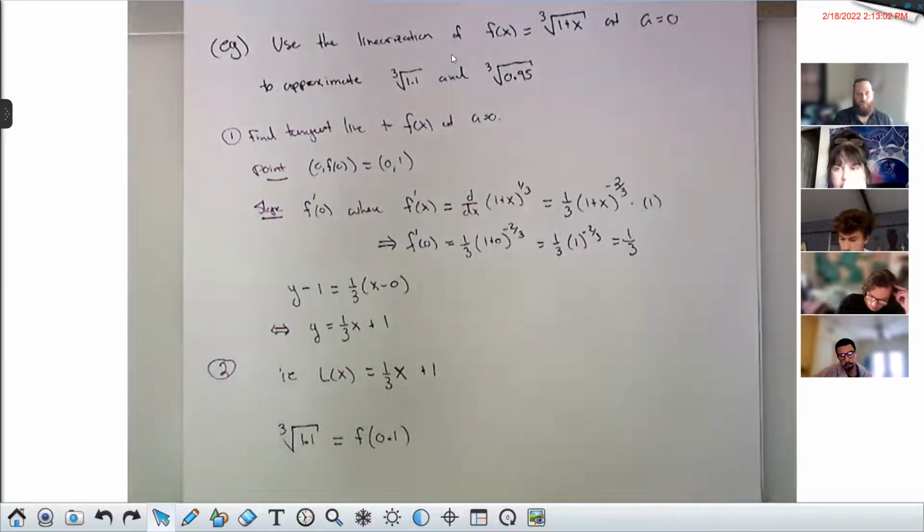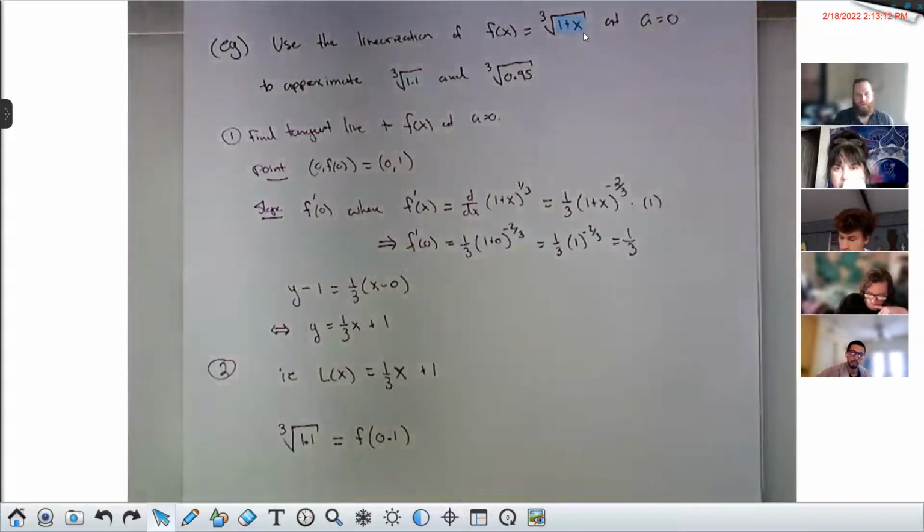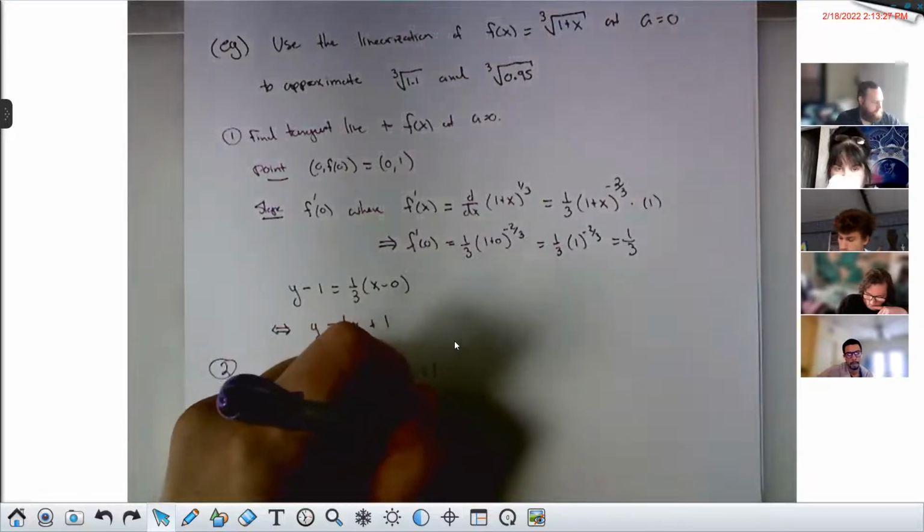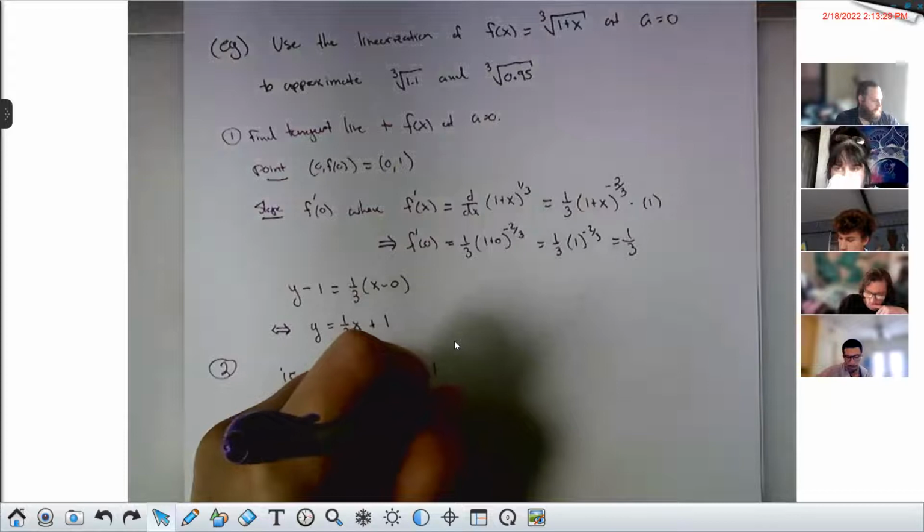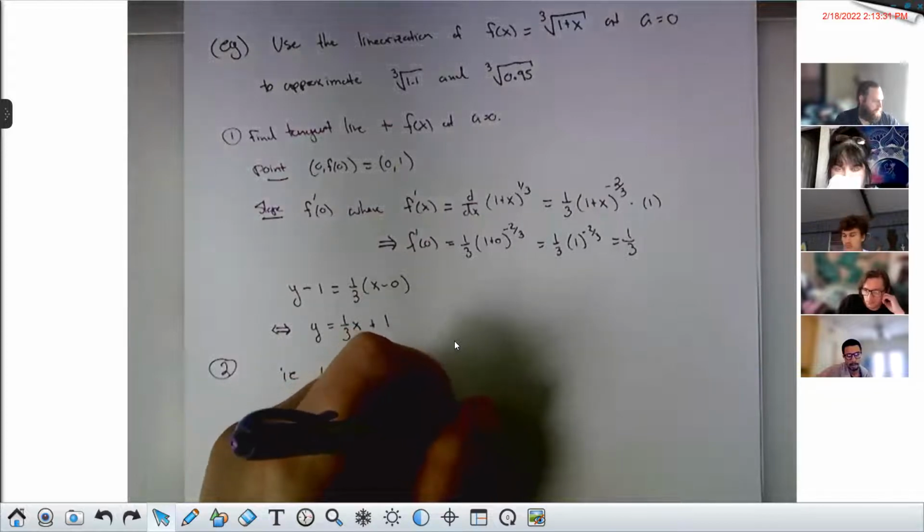The number I'm trying to approximate comes from plugging not this in for x, but 0.1 in for x, because the function I'm using isn't the cube root of x, it's the cube root of 1 plus x. So if you use 0.1 for x here, this is 1 plus 0.1, which is 1.1. And 0.1 is close enough to 0, my base point, that I'm not worried about that. That's good. So this is approximately equal to L of 0.1.